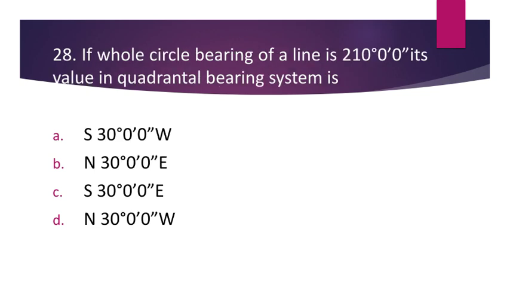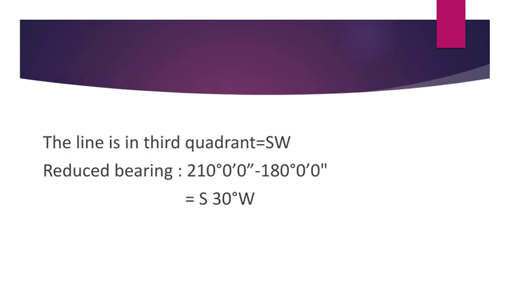Question number 28. If the whole circle bearing of a line is 210 degrees 0 minutes 0 seconds, its value in quadrantal bearing system is: options A south 30 degree west, B north 30 degree east, C south 30 degree east, D north 30 degree west.